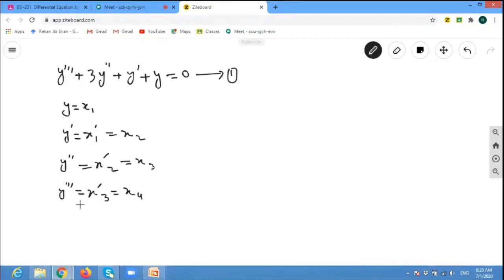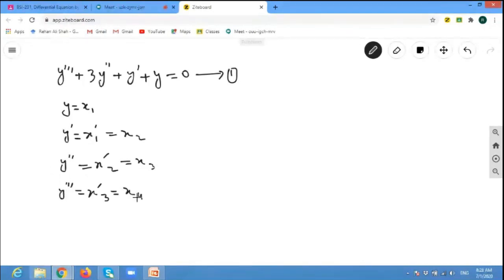You have to take derivatives up to third order, because in the differential equation the derivative is third order. First take y is equal to x1, then y dash will become x1 dash. Let x1 dash be equal to x2, then y double dash will become x2 dash. Let this be equal to x3, and take the third derivative, this will become x3 dash, and let x3 dash be equal to x4.